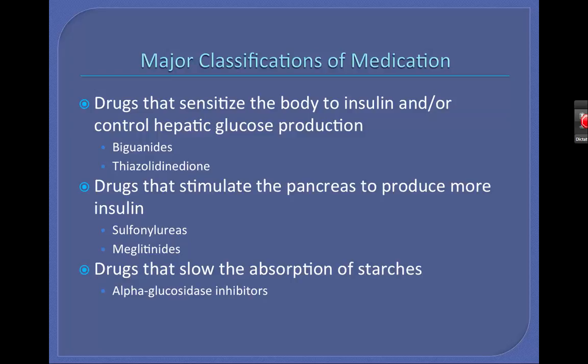You have to know these. These two drugs sensitize the body to insulin or control hepatic glucose production. You have to memorize these mechanisms. Drugs that stimulate the pancreas to produce more insulin are meglitinides and sulfonylureas, and drugs that slow the absorption of starches, i.e. carbohydrates, are alpha-glucosidase inhibitors.